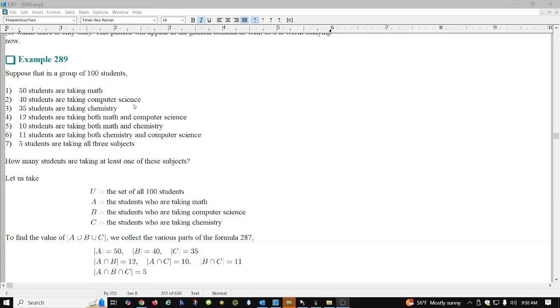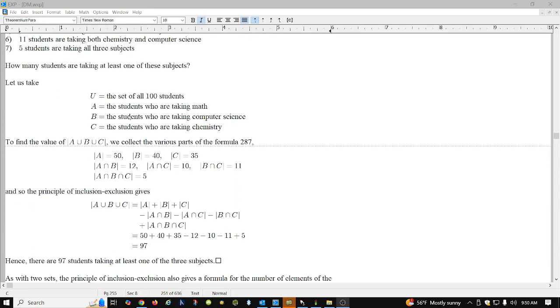We have to know the sizes of the intersection of pairs, math and computer science, or math and chemistry, computer science or chemistry. Then we also have to know the number of students that are taking all 3. So this is all the data here. Without this information, you can't answer the question.